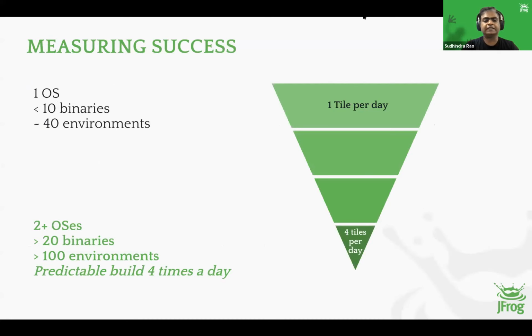So how did we measure success? Previously, for one OS and for 10 plus dependencies and 40 plus environments, we were able to build one tile a day. Like I said, 6+ hours, which took our whole working day. When we did this refactoring and added the new OS, we almost doubled the number of binaries, because we had to build it for 2 different things, and the number of environments grew to 100, or more than double, because we also added another cloud provider in between.